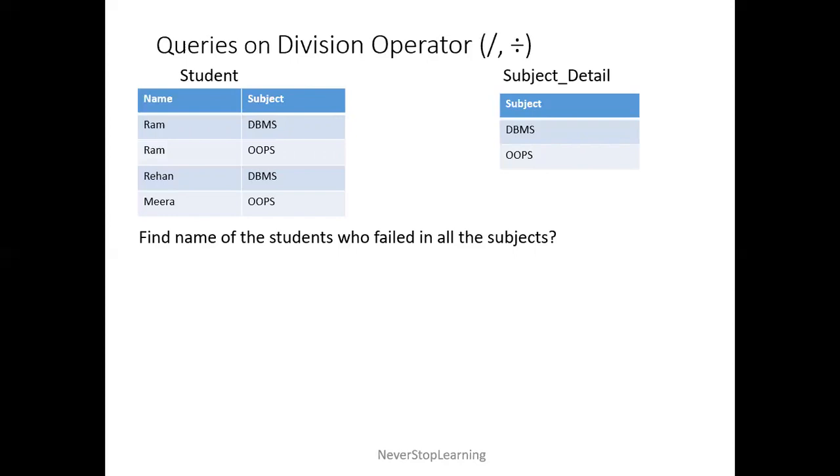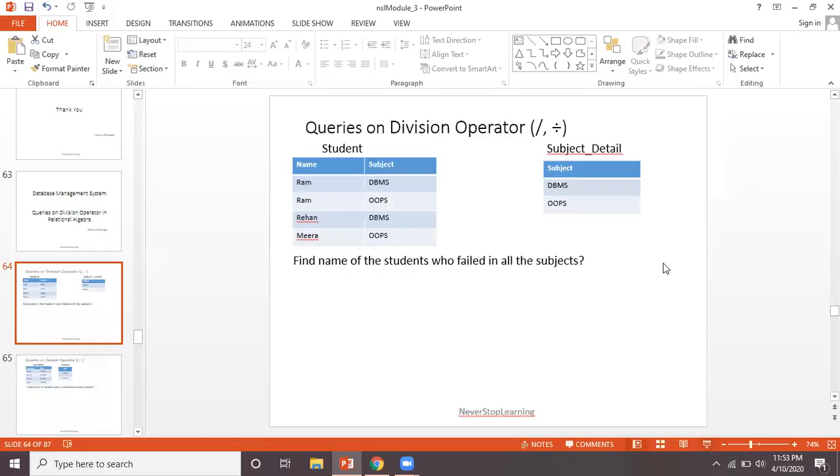So here we have two tables: one is student and another is subject detail. There are two columns in the student table, name and subject, and in subject detail we have one column, subject. We can apply the division operator if subject detail is a proper subset of student.